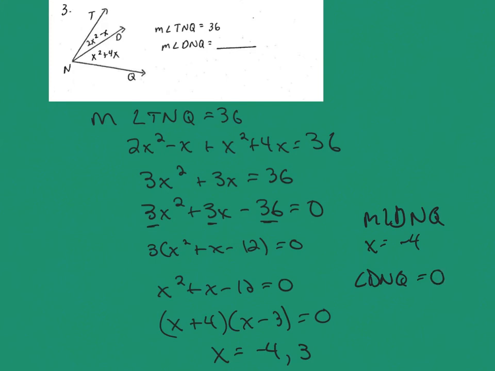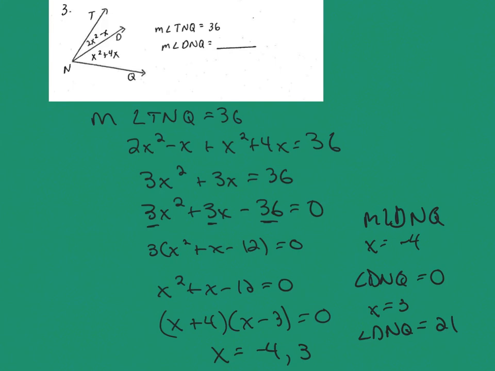And if x equals 3, then angle DNQ is going to equal 21 degrees. Now, I would also make you be careful here.